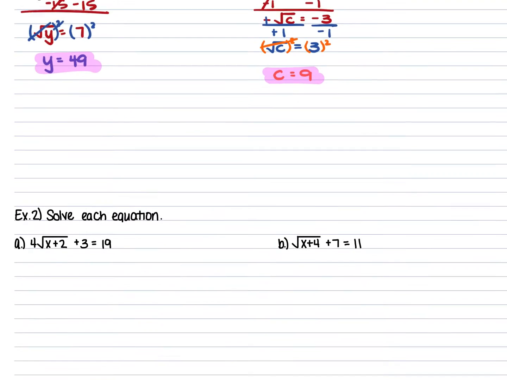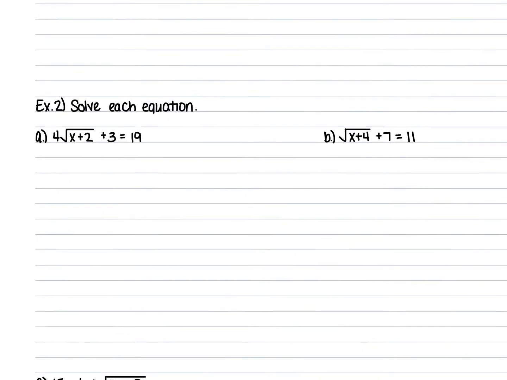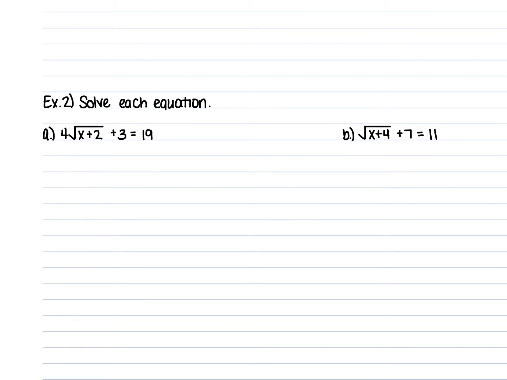For example 2, we're doing the same thing and just solving each of these equations. Our first thing to do is to isolate that radical. So for example 2a, we're given 4 times the square root of x plus 2, plus 3, is equal to 19. We're going to undo addition or subtraction before we undo multiplication or division.